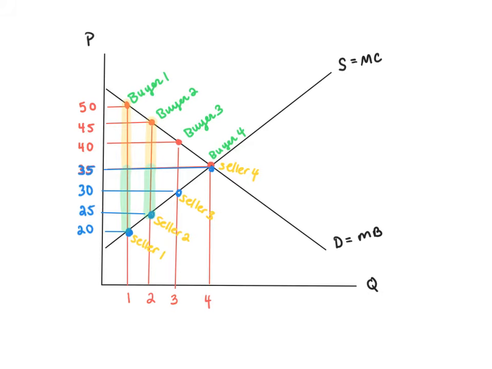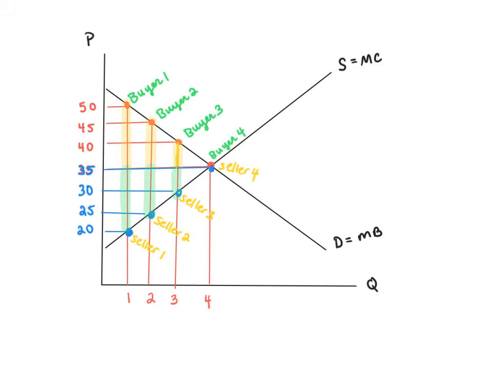By allowing Unit 2 to be sold and bought, total surplus increases. The same thing's true of Unit 3, because for the third unit, Buyer 3 is willing to pay a price, $40, that's more than the minimum price of $30 that Seller 3 needed to charge to want to sell the good. Through this sale and purchase of Unit 3, total surplus therefore increases.